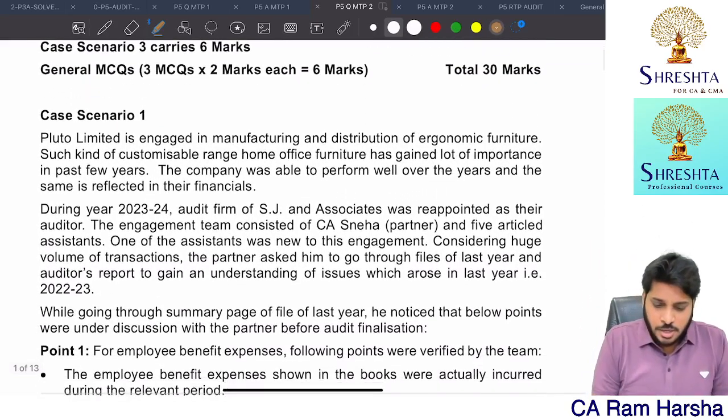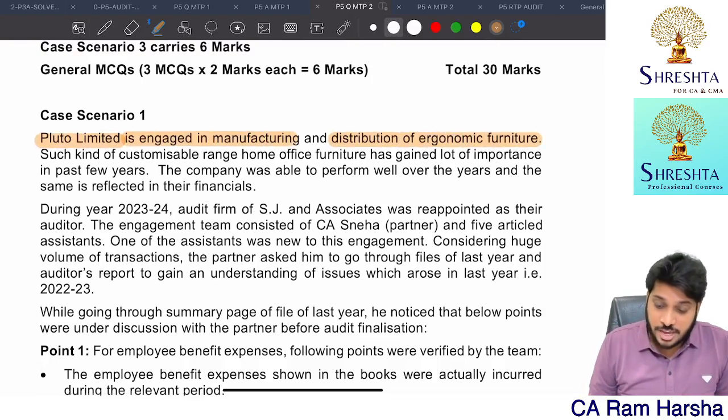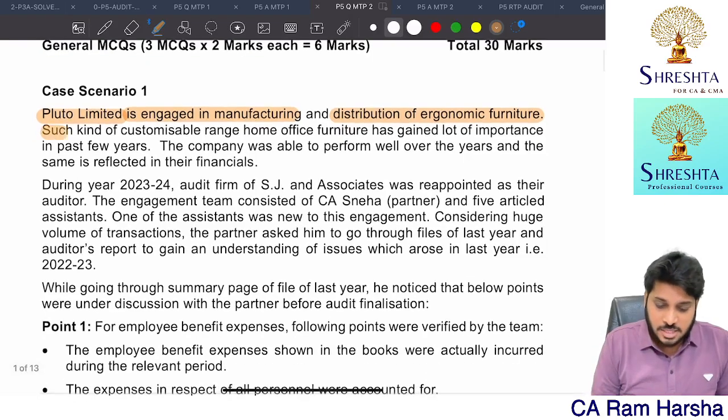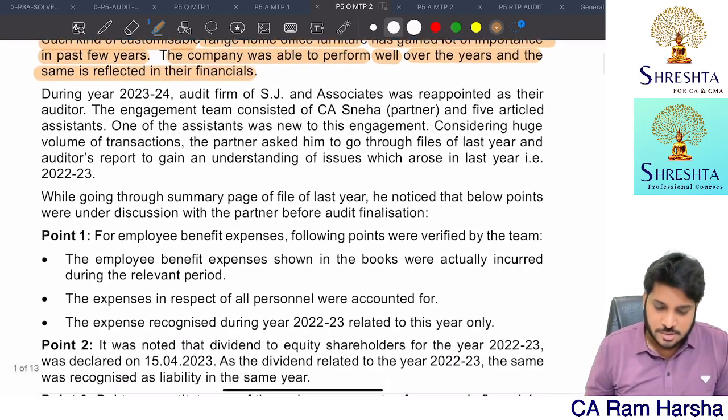Case scenario. Pluto Limited is engaged in the manufacturing and distribution of ergonomic furniture. This kind of customizable range of home office furniture has gained a lot of importance in the past few years. The company was able to perform well over the years and the same is reflected in their financials.